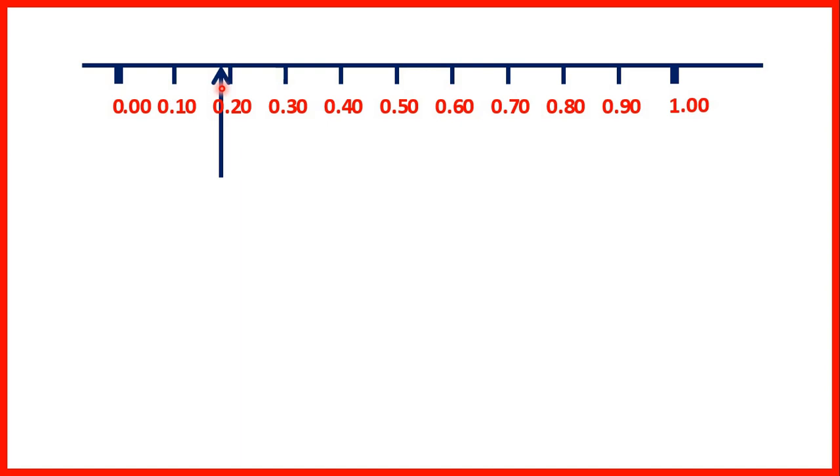So I would estimate that the arrow is pointing to 0.18, or perhaps 0.17 or 0.19, but definitely more than 0.15. So where is the arrow now? It's closer to 0.4 than 0.5, so I would estimate it's at 0.43 or perhaps 0.42.